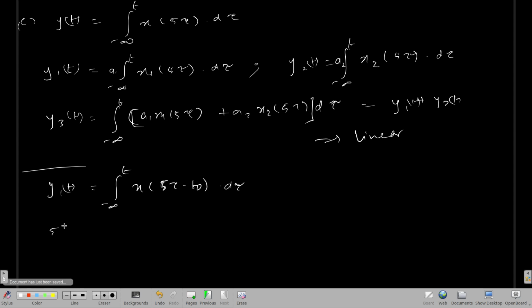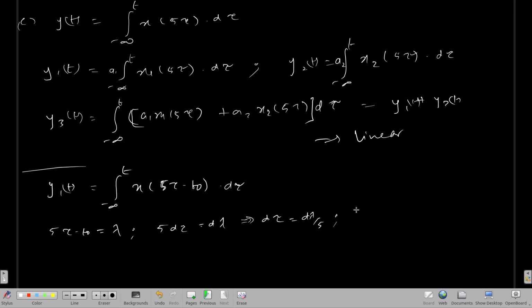So what do we do? We put phi tau minus t0 equal to lambda, and we differentiate both sides, so we get phi d tau is equal to d lambda, which implies d tau is equal to d lambda by phi. So we can replace lambda here, but we also have to see how the limits change when we are changing the variable of integration.